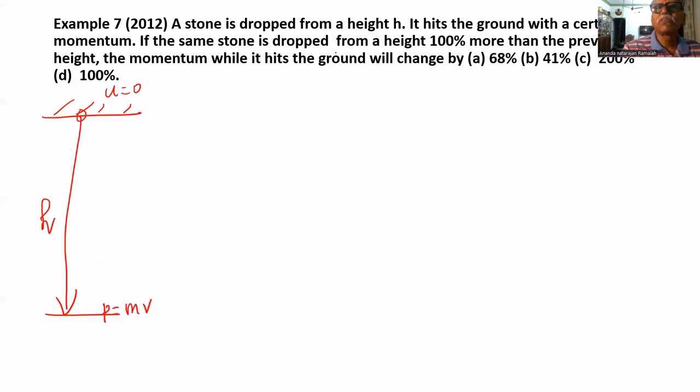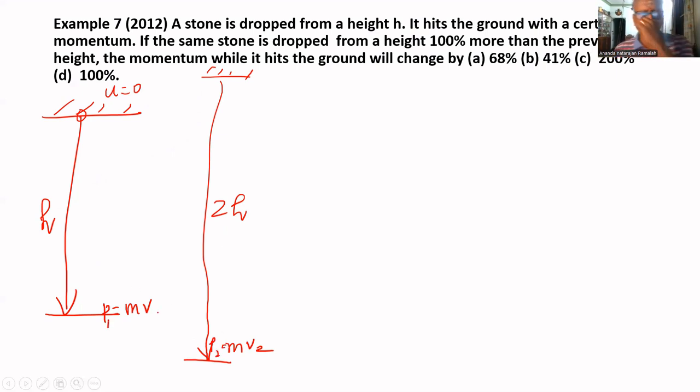If the same stone is dropped from a height 100% more than the previous, that is 2h, what is the momentum? p2 equal to mv2, p1 equal to mv1. Then the momentum with which it hits the ground will change by how much percentage?